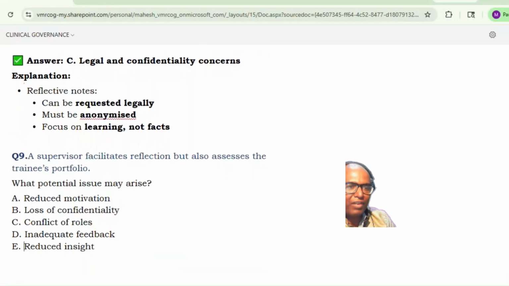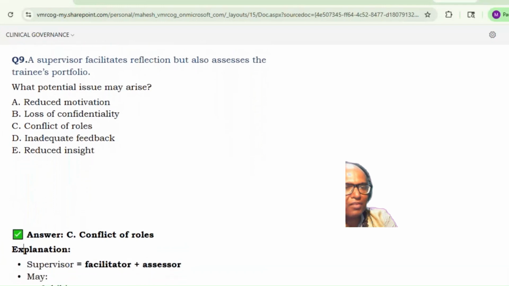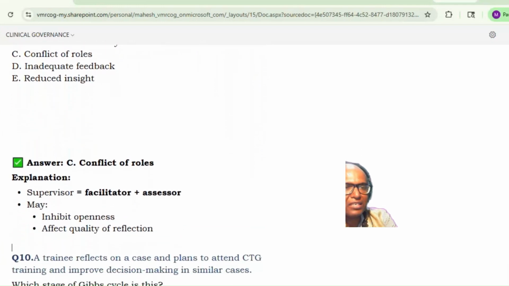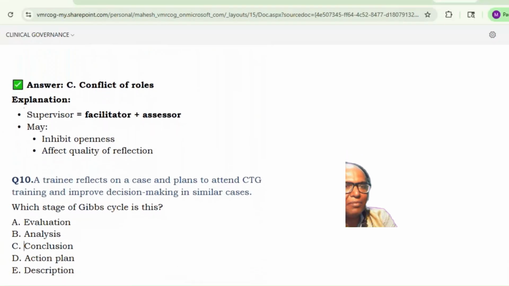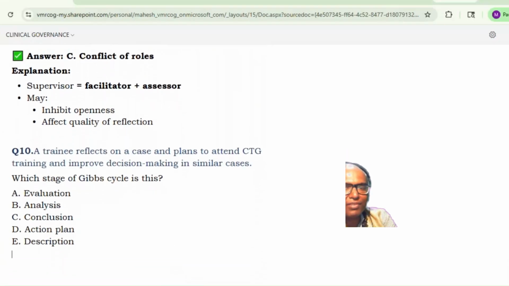That will lead to the same as conflict of roles, no? The supervisor facilitates the reflection, and the same person is also assessing the trainee's portfolios. So conflict of roles. So a supervisor who is facilitator plus assessor may inhibit openness and affect quality of reflection.